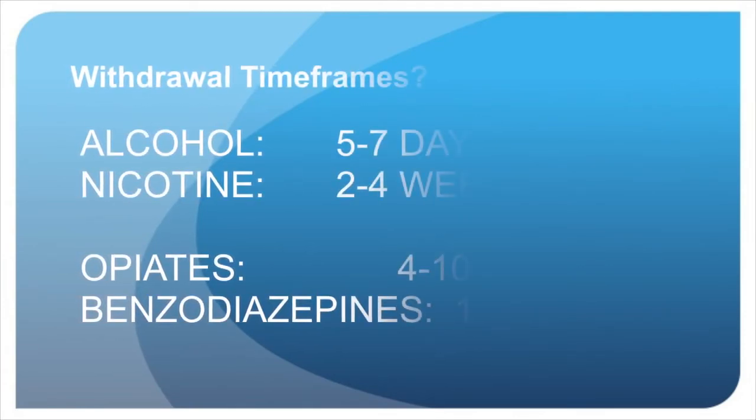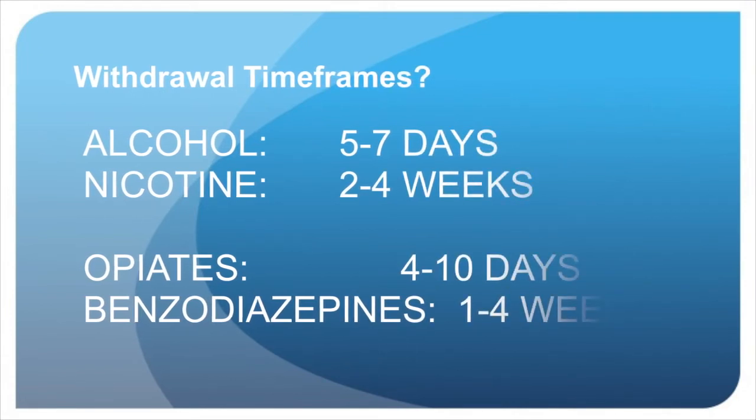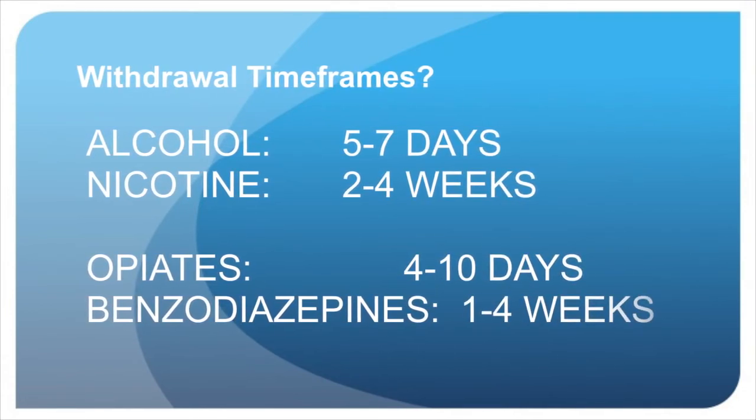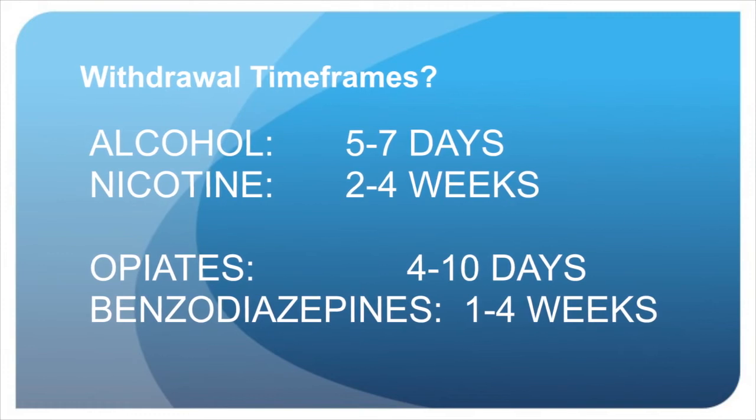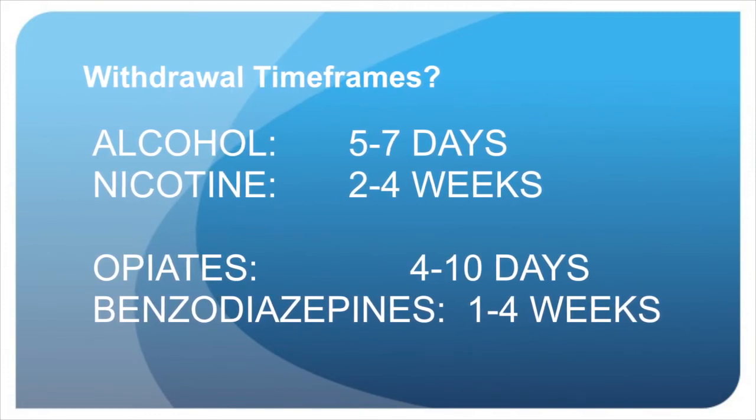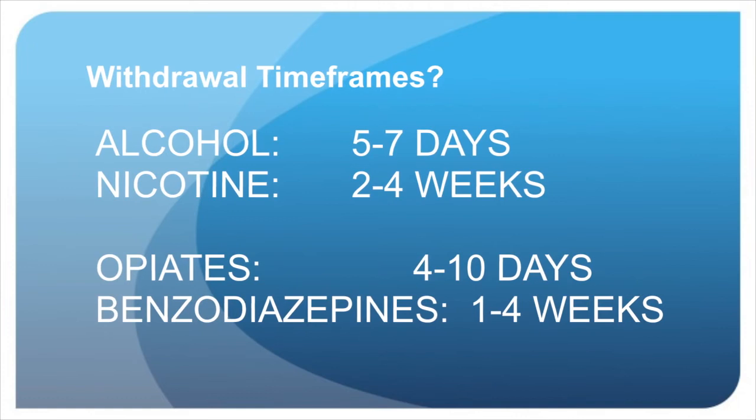What are the time frames from the onset of withdrawal to the cessation of withdrawal effects? For alcohol, it's approximately 5 to 7 days. For nicotine and cigarettes, it's about 2 to 4 weeks. For the opioid medications, it's about 4 to 10 days.